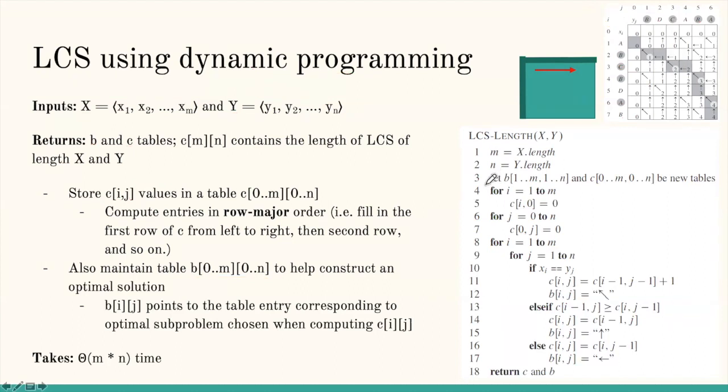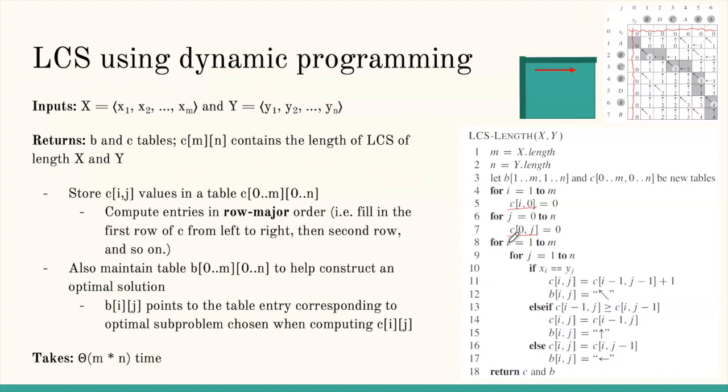So now at the beginning, we initialize Ci0 to 0 and C0j to 0. In other words, we want to initialize the LCS between our input sequence X and a zero length Y as all zeros, and the LCS between any length of Y and a zero length X also as 0.